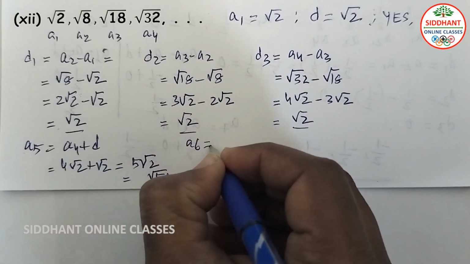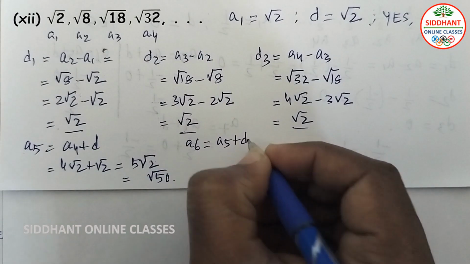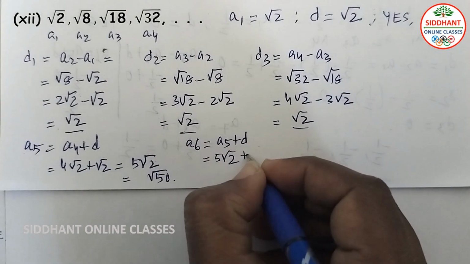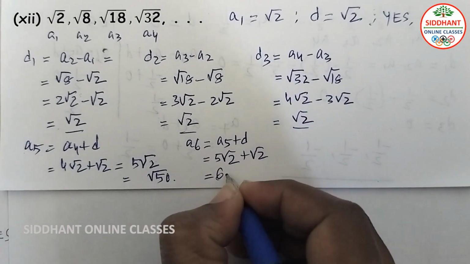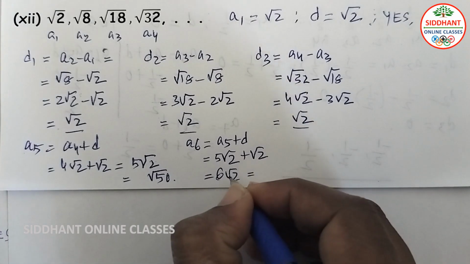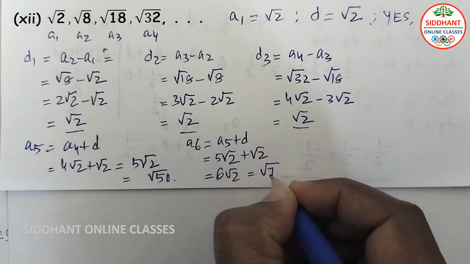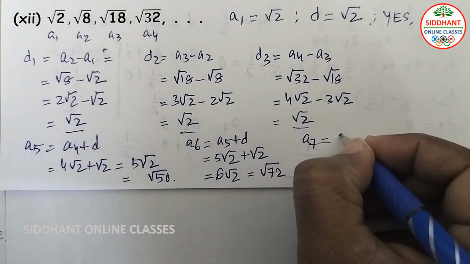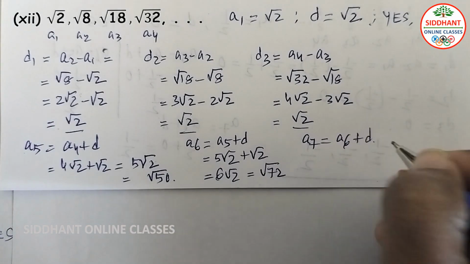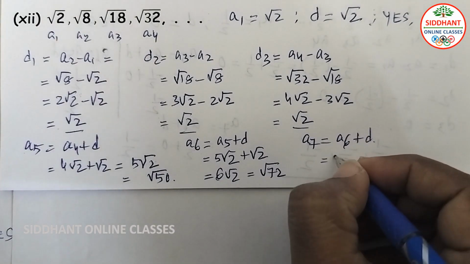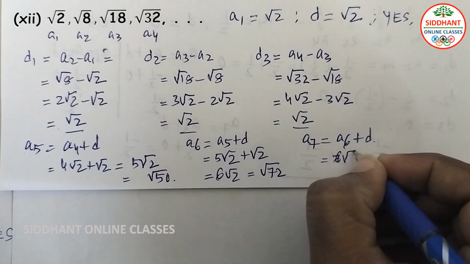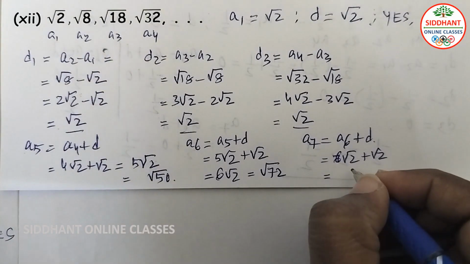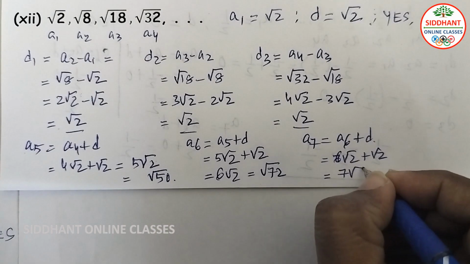Now A6, which is A5 plus D, that equals 5 root 2 plus root 2, that equals 6 root 2, that equals 36 into 2, which is root 72 here. Next, A7 equals A6 plus D, that equals 6 root 2 plus root 2, which will be 7 root 2.